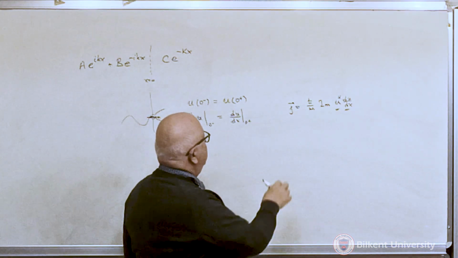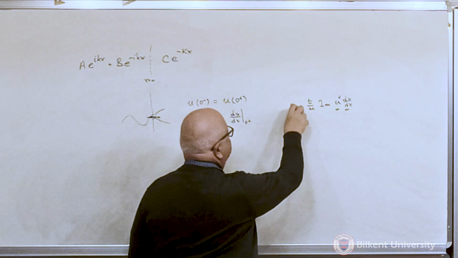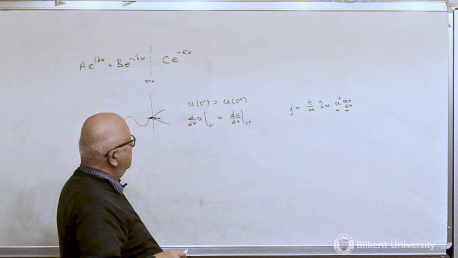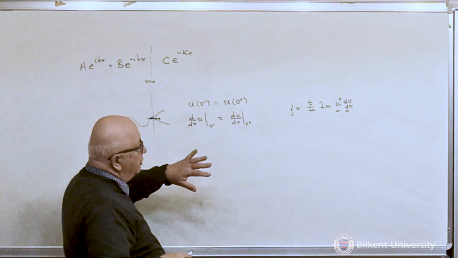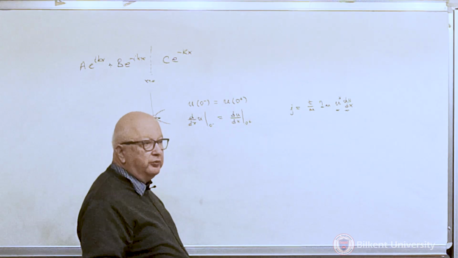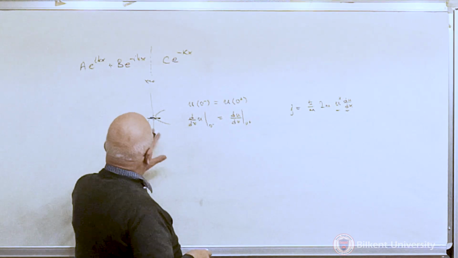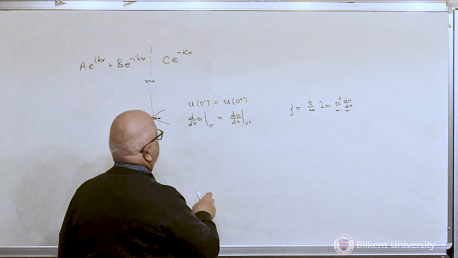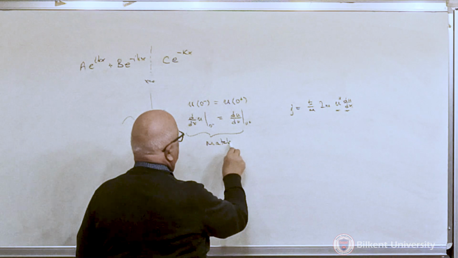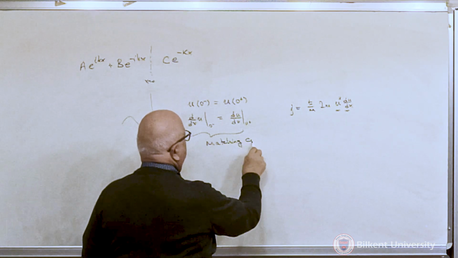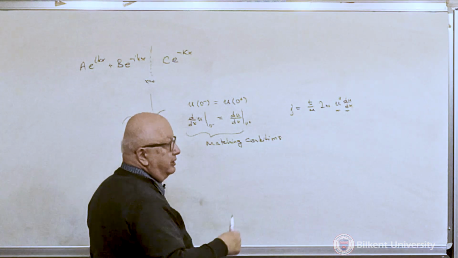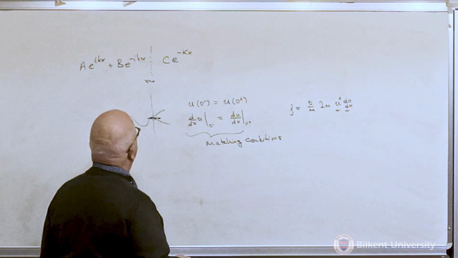This is in one dimension. We'll see when we get to the delta function potential why this really has to be that way. So those are our matching conditions for the consistency of the wave function.